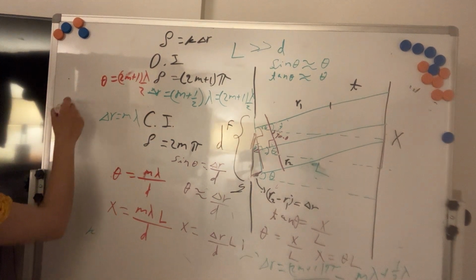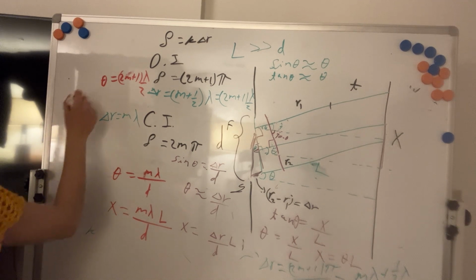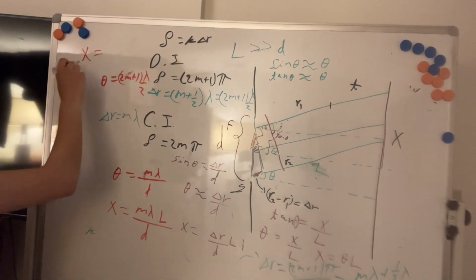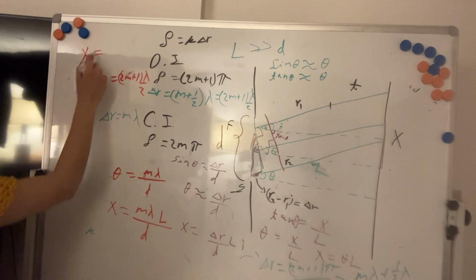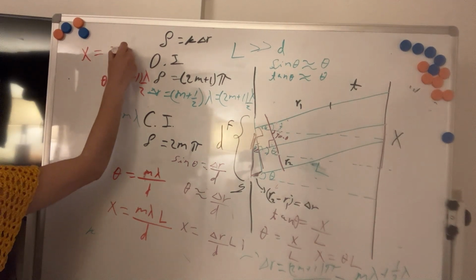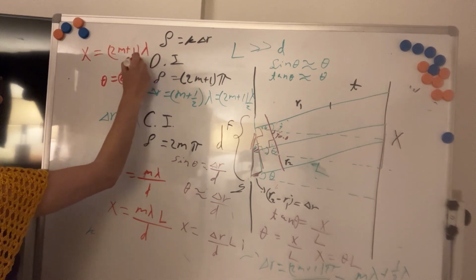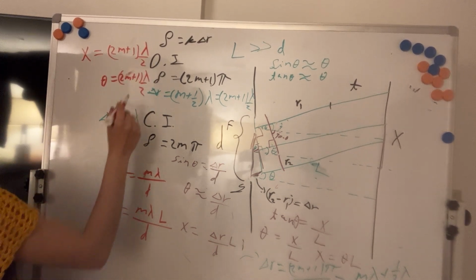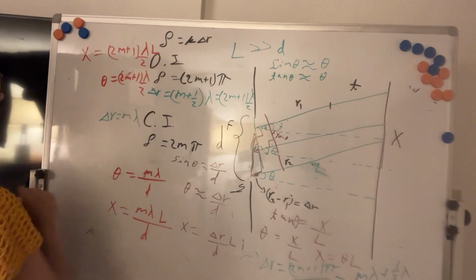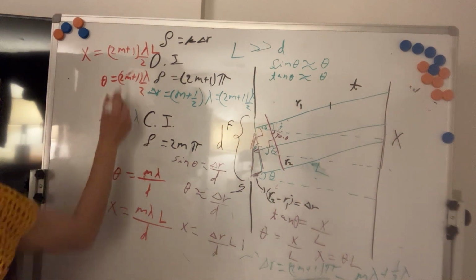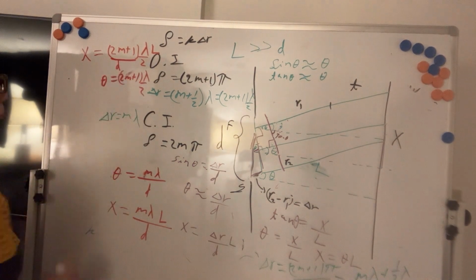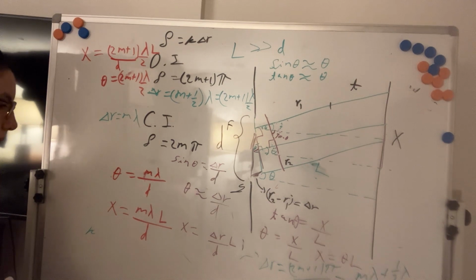And for destructive interference, we have x equal to (2m plus 1) lambda over 2 times L over d.